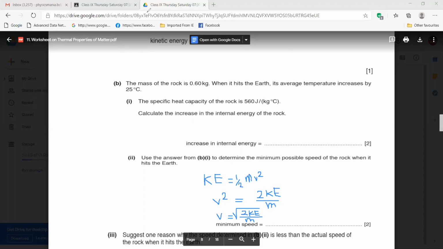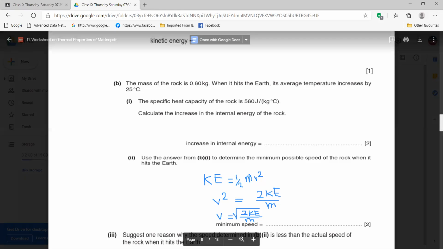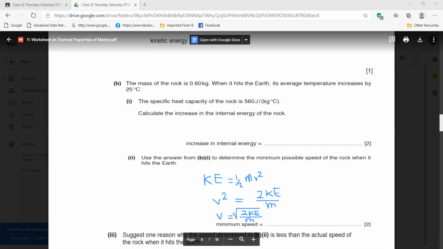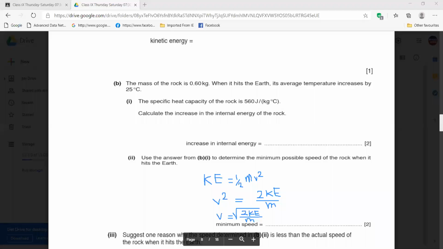Check the answer. Sir, 126.5. 126.5. Okay, wait. Let me check whether your answer is correct or not, because I did not memorize all the answers.